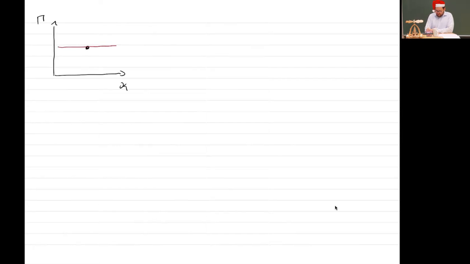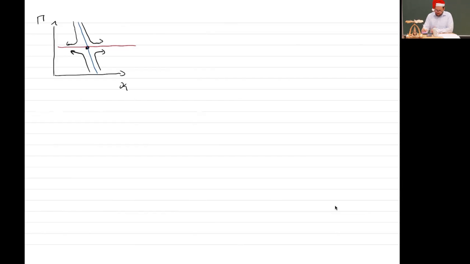Let's see, some lines. Our flow will go into the fixed point along the gamma direction, and out of the fixed point along the kappa direction. Yeah?